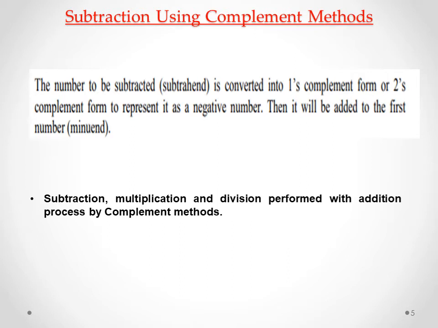But here in the complement methods, we are using the addition operator to perform the subtraction. This is the main use of the complement method. So all the subtraction, multiplication and divisions we can perform with addition process by complement methods.